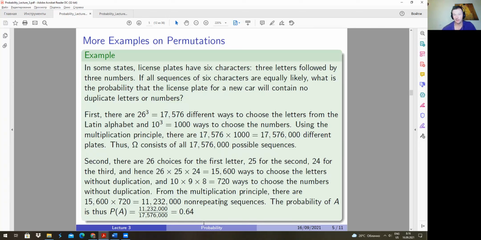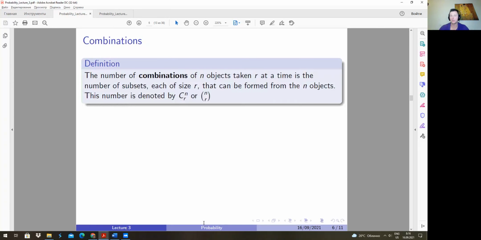And a different story is when we speak about combinations. Combinations means that we are taking r objects out of n at a time.